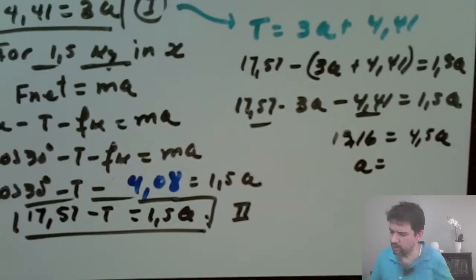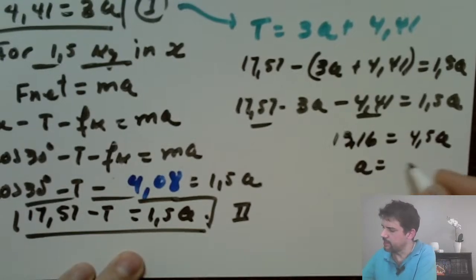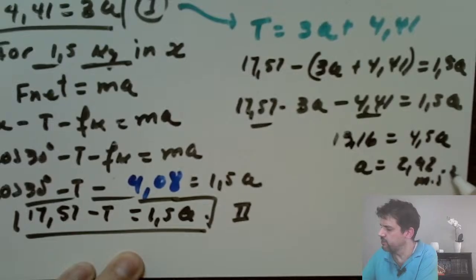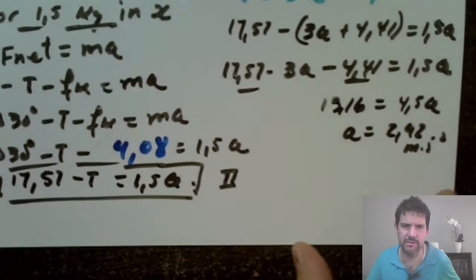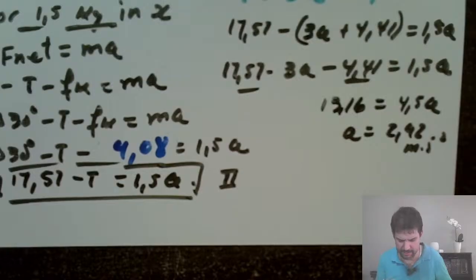A is equal to 13,16 divided by 4,5. We get that is 2,92. Acceleration is 2,92. Guys, you may check the calculation in case I have made a mistake, which might happen here. Live videos are like this.